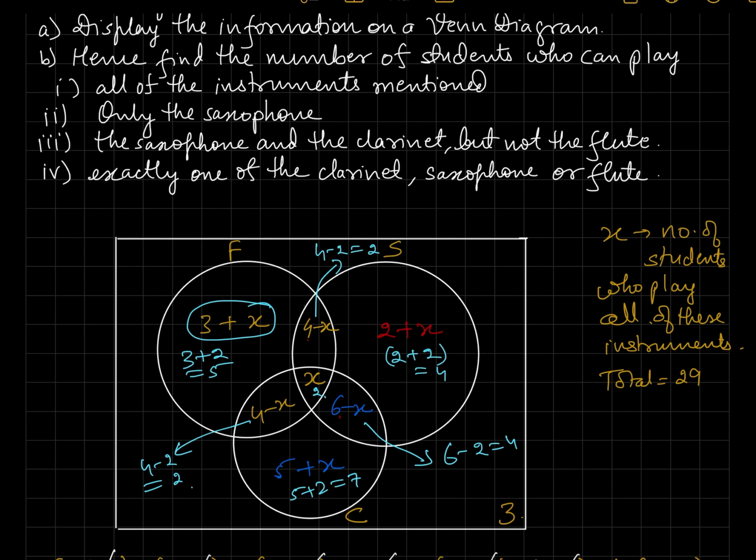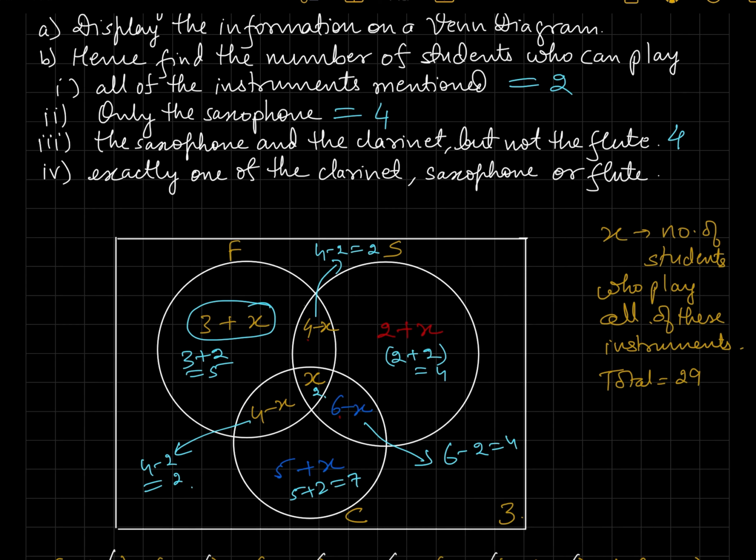Now let us see, they are asking what number of students can play all of the instruments mentioned. Our answer is 2. Only the saxophone is 4. The saxophone and clarinet, but not the flute, is 6 minus x, which is 4.